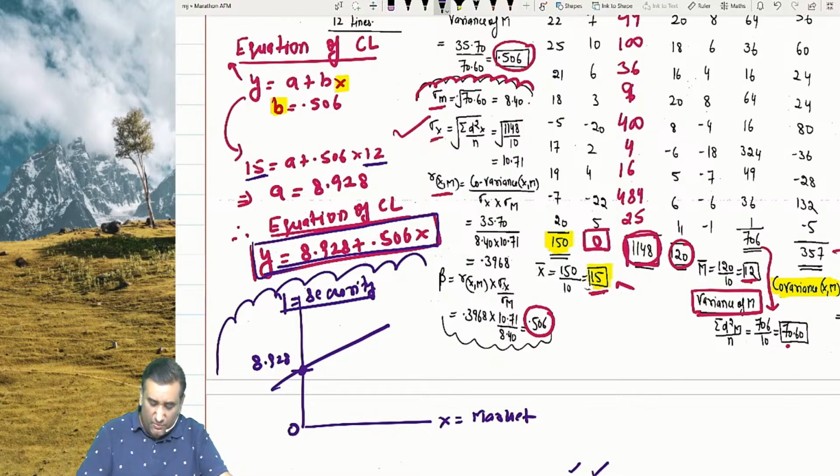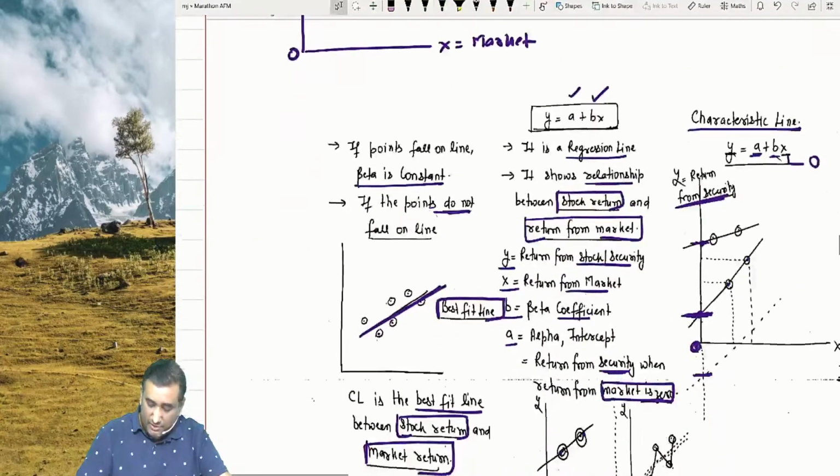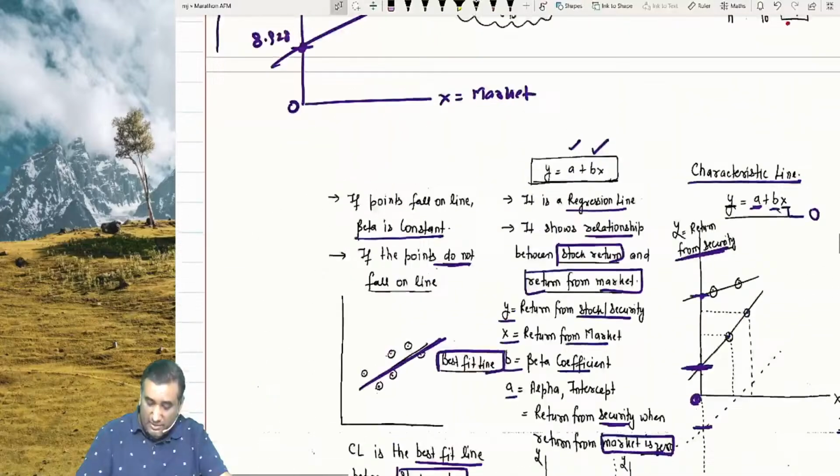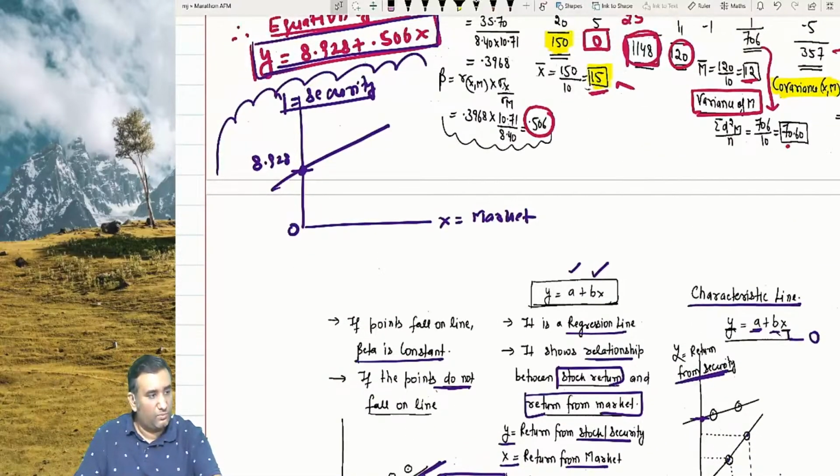Fine. Now let me move to next part. Before we move to the next part, let me do with you systematic and unsystematic risk. Now total risk.